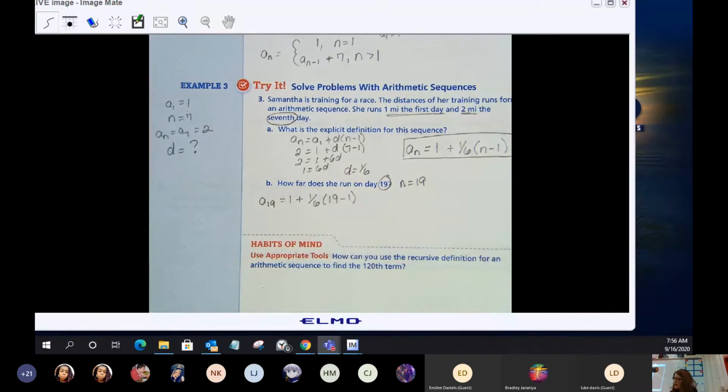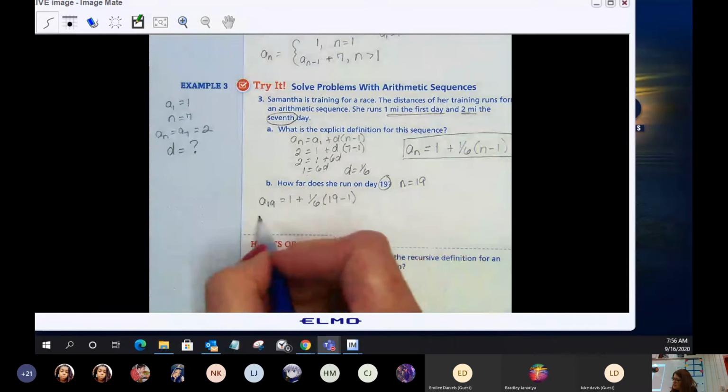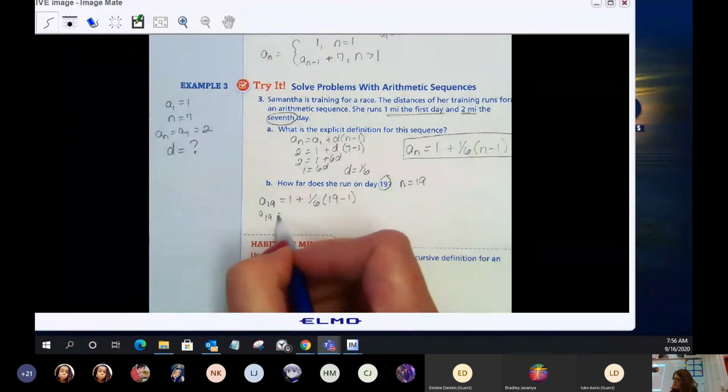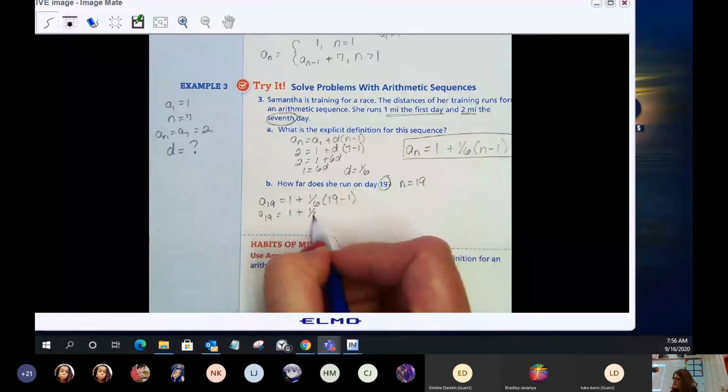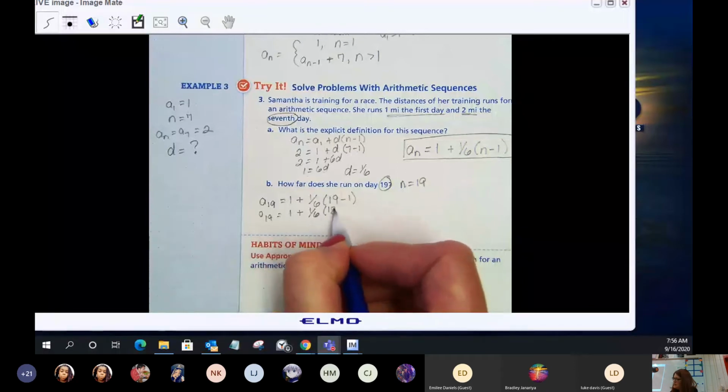And then we're going to simplify. A sub 19 equals 1 plus, and I know this is a fraction, we'll just do this step by step, 1/6 times 18.